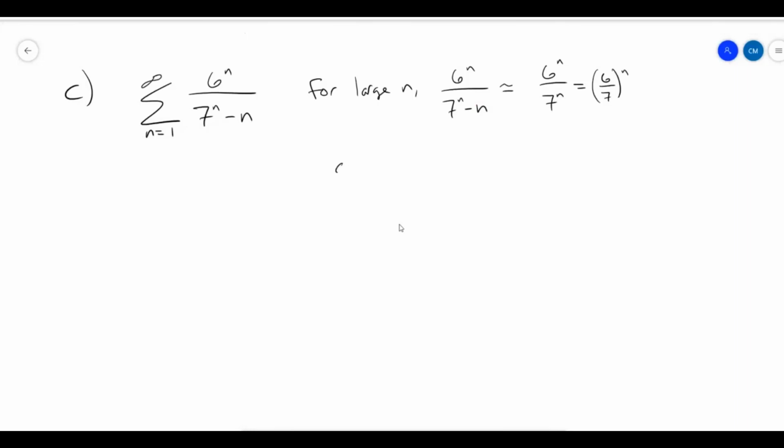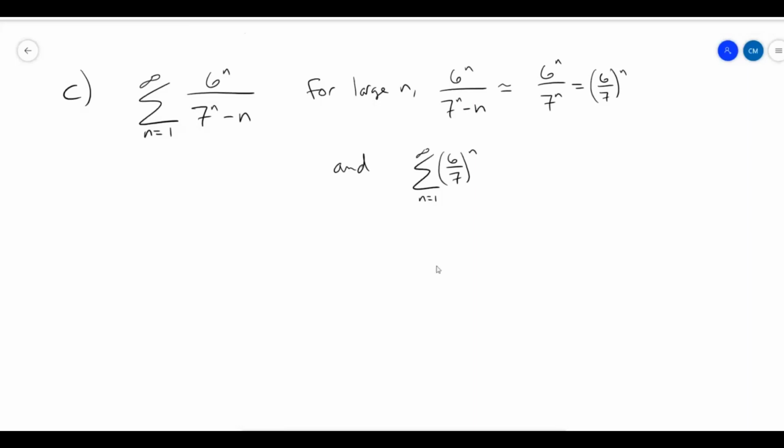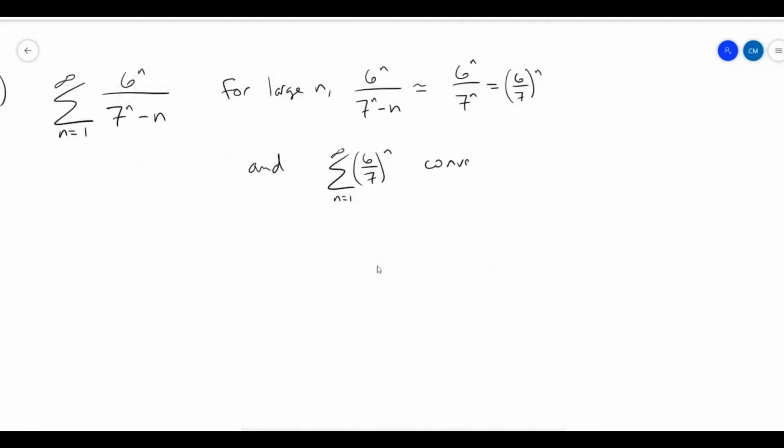And then you can say, okay, well, what does that do as a series? 6/7 to the n. But now we can recognize that that is in fact a geometric series. And that means that this thing has to converge. And again, I would like you to tell me the reasoning why: because it's geometric with r less than 1.